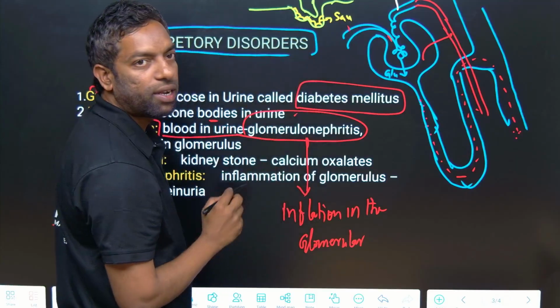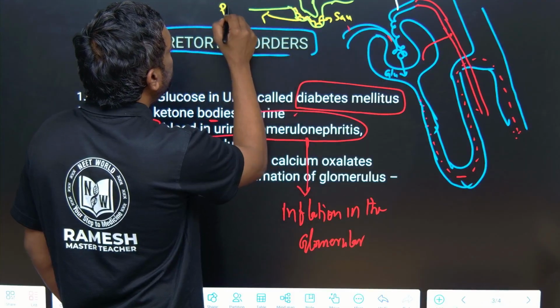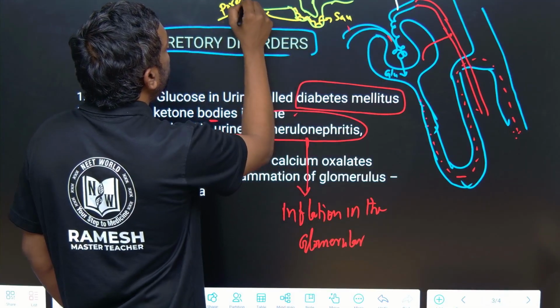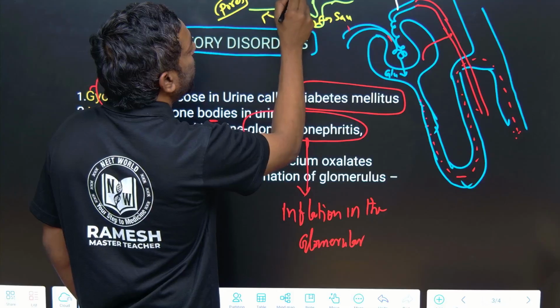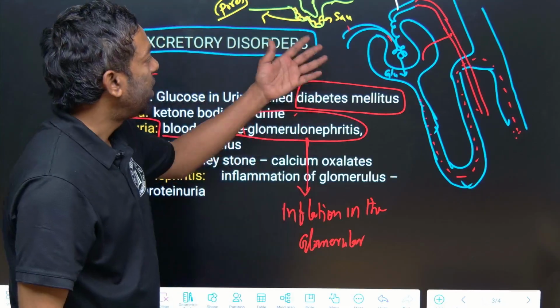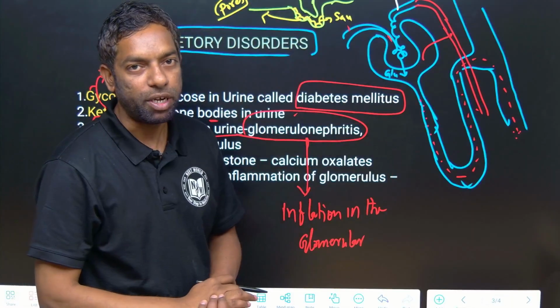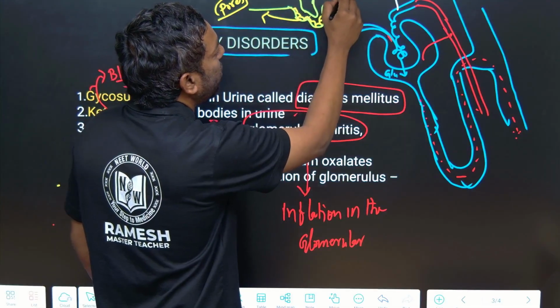These endothelial cells have pores, and those pores we can call fenestra. These fenestra pores are functionally involved in the urine formation.